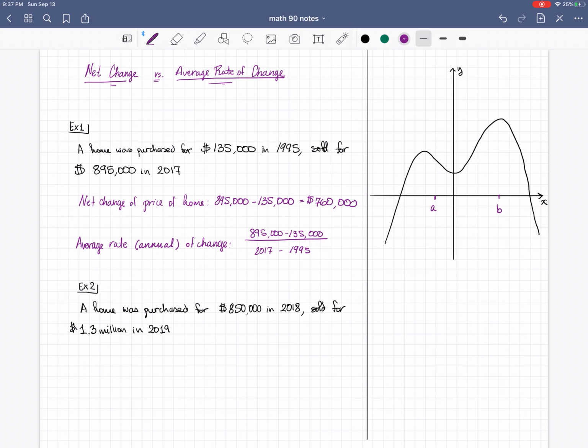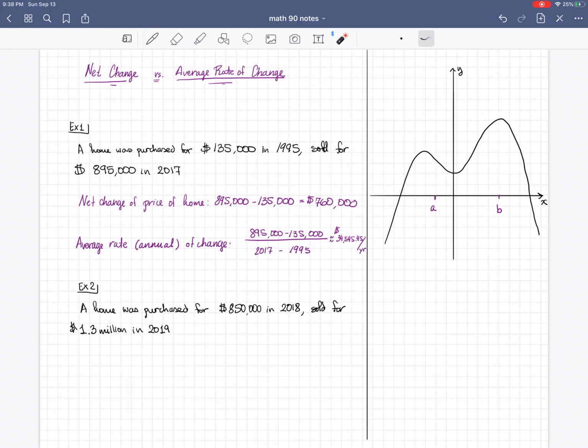I'm going to round this to 2 decimal places since we are talking about money. So on average, $34,545.45 per year.